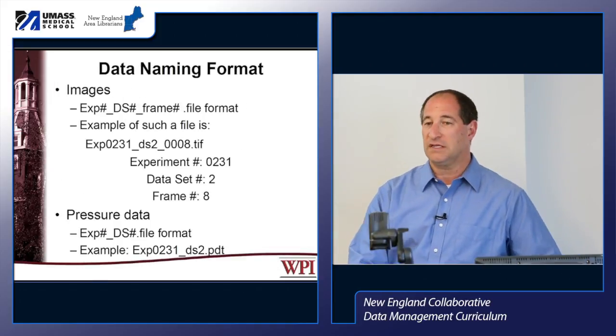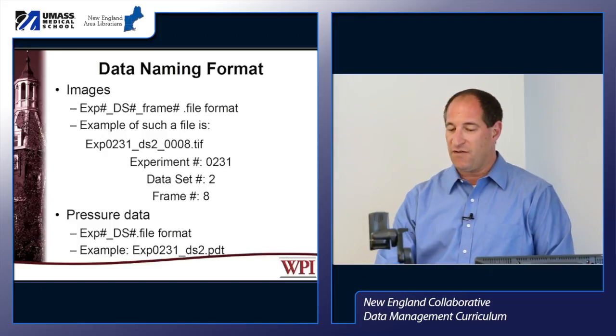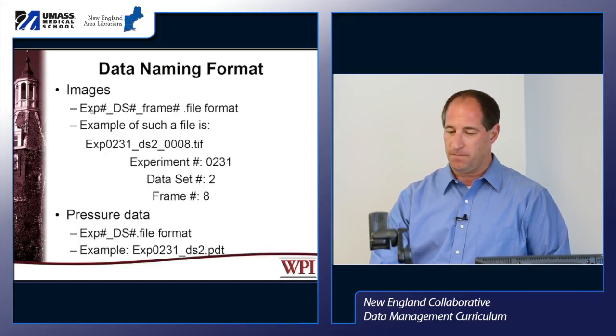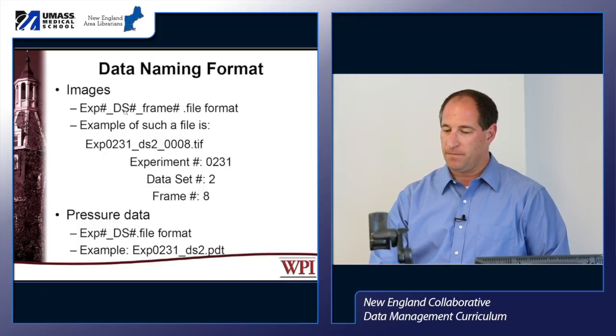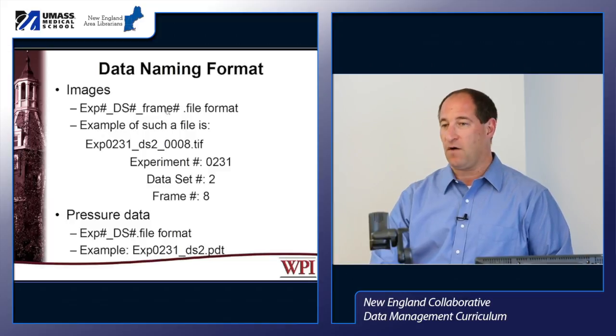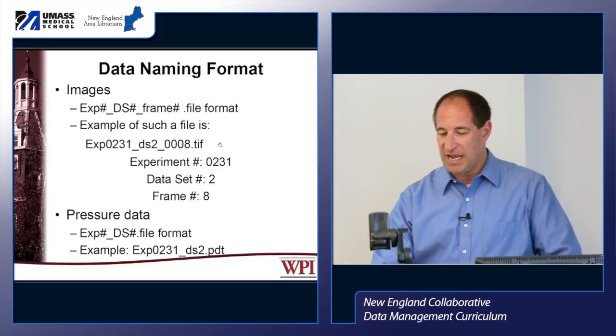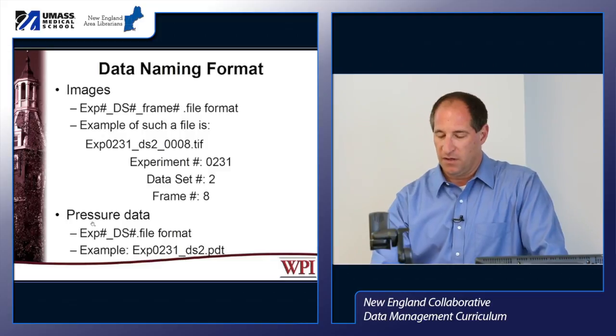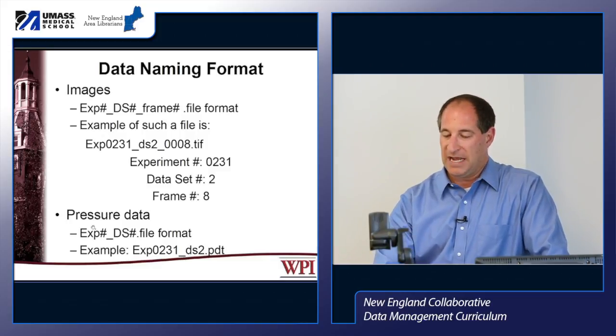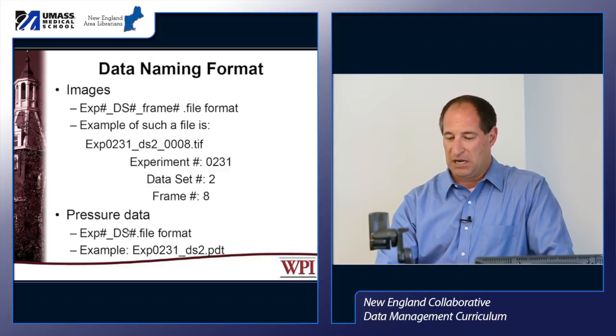So when we're acquiring these images, we want to save them first with the experiment number, then the data set number, the frame number, and then the file format. So for example, experiment number 0231, data set 2, and frame number 8 will be stored in this format here. The pressure data will be saved as experiment number, data set number, and then the file format.